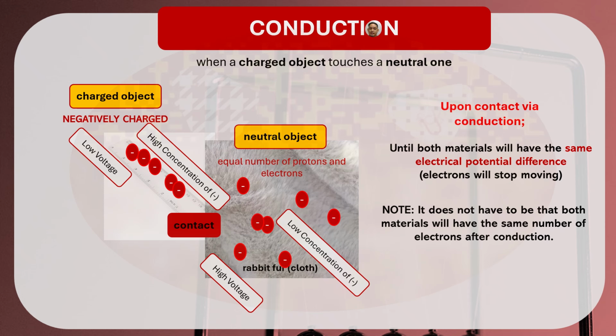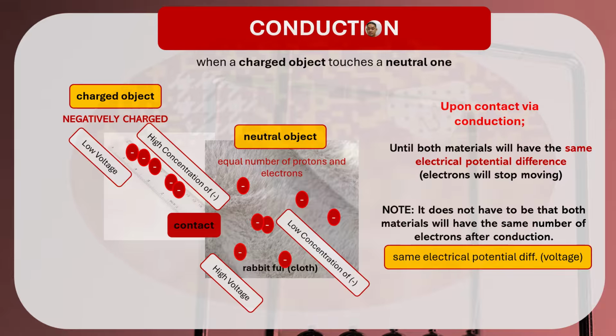Electrons from higher concentration transfer to the object with lower concentration, and they keep exchanging electrons until both objects have the same potential difference, the same force pushing these electrons. The electrons will now stop moving once it is achieved. The equilibrium is achieved.